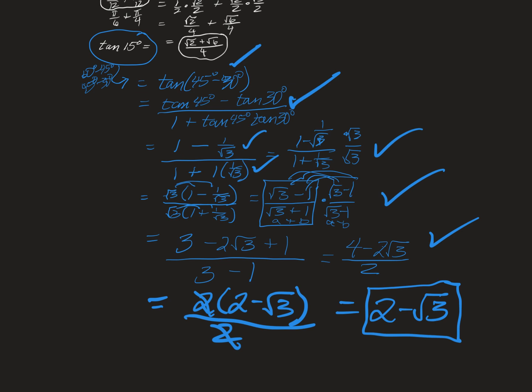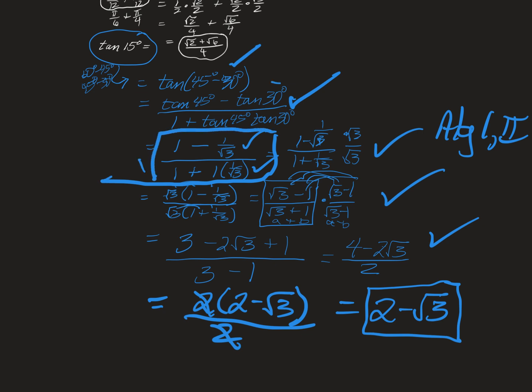Okay? And that's all algebra 1 and algebra 2. So this is chapter 1 in trig, and this is our new section, chapter 3. And that's where this comes from.